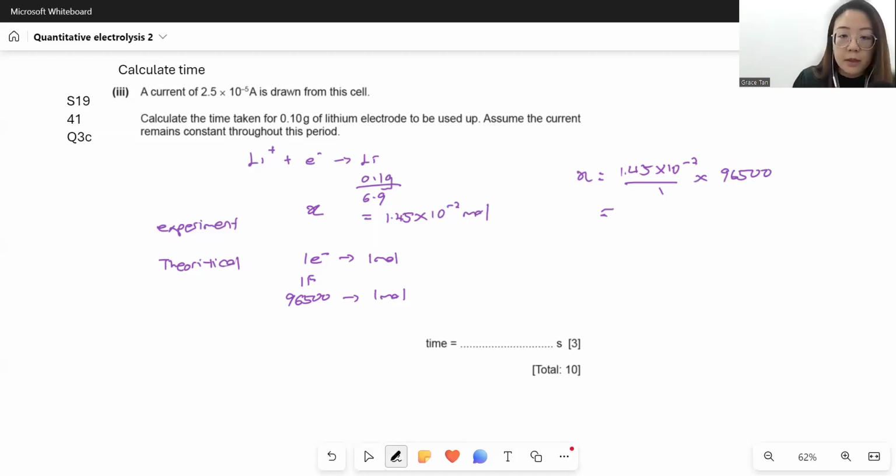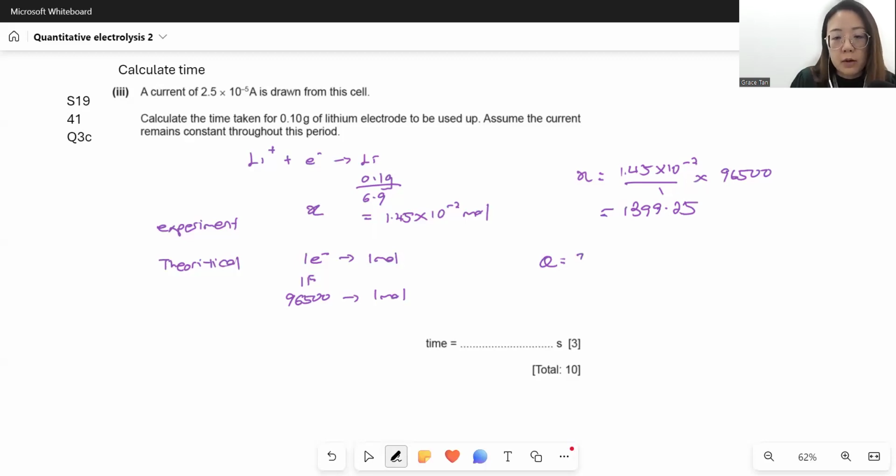So we obtained 1399.25 quantity of charge. So 1399.25 of quantity of charge resulted in 1.45 times 10 to the power negative 2 moles deposited. Now, Q is the total quantity of charge passed in your electrolytic experiment.